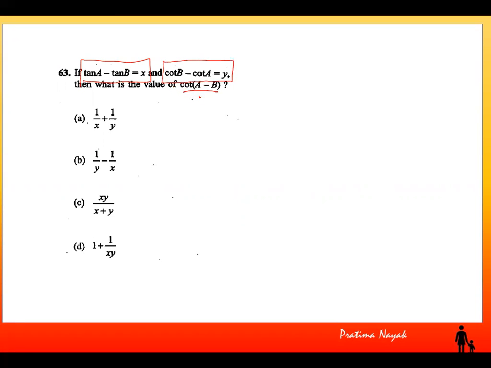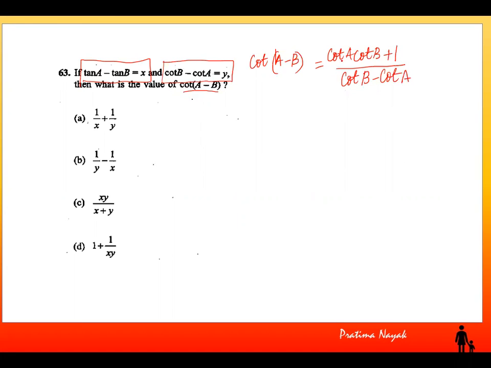You have to get cot A minus B. So let us write the formula for cot A minus B. Cot A minus B is equal to cot A cot B plus 1 by cot B minus cot A. So the denominator value is there as y.